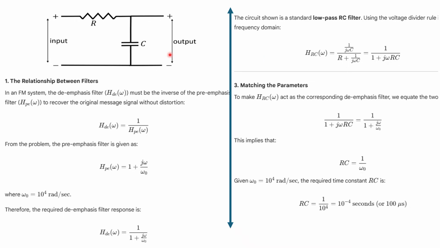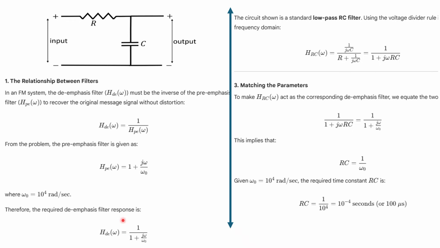For this, what will be the reactance in the S domain? We can write 1 by S into C. So here I am writing 1 over j omega C, divided by the total reactance, that is R plus 1 over j omega C. So it will be 1 over (1 plus j omega RC). So this is the transfer function of this de-emphasis circuit, right?